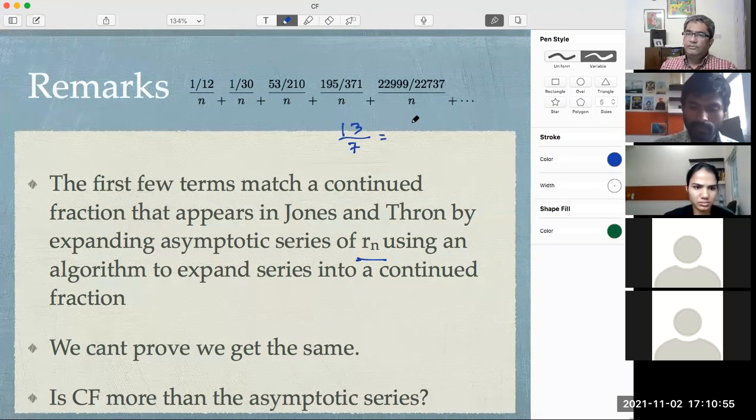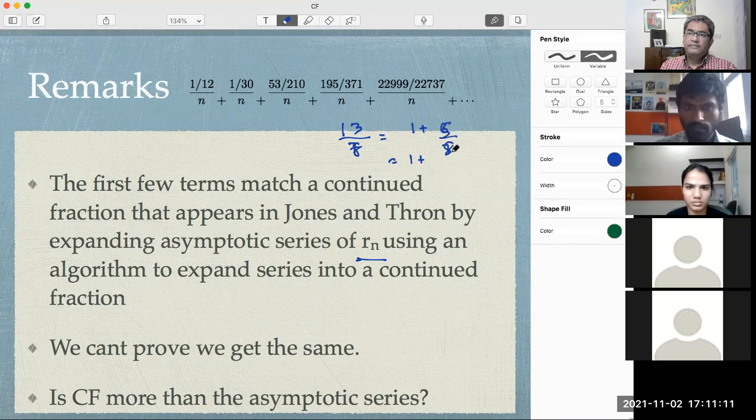So this is 1 plus how much, 6/7, right? I don't know if 7 is a good idea. I think 8 is a better idea. So then you can write it as 8/5. So this is 1 plus 1/(1 plus 3/5), and you can keep going on.